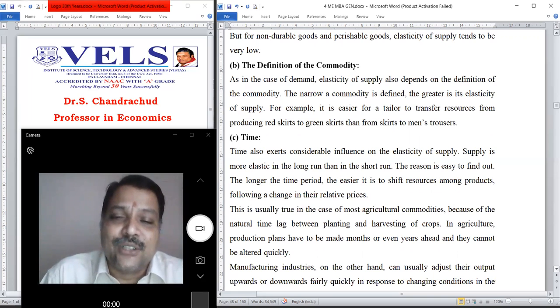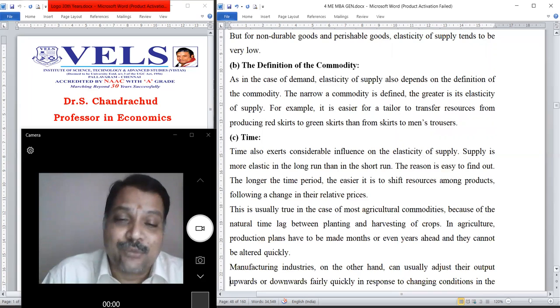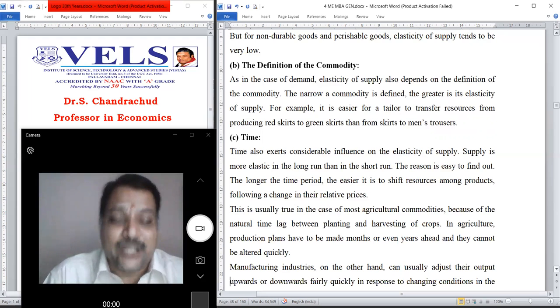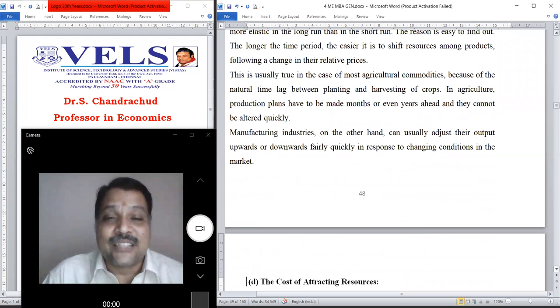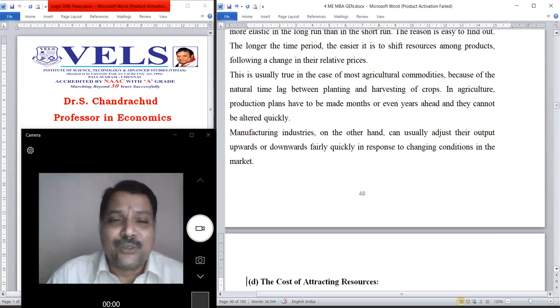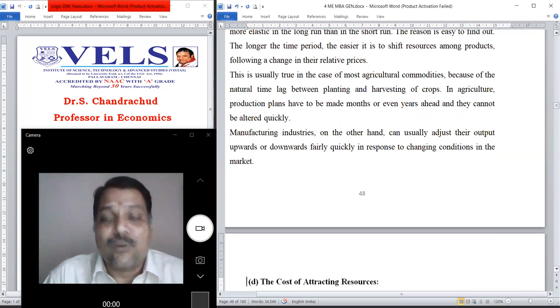This is usually true of most agricultural commodities because of the natural time lag between planting and harvesting the crops. In agricultural production, plans have to be made months, even years ahead, and they cannot be altered quickly. Manufacturing industries, on the other hand, can usually adjust their output upward and downward very quickly in response to changing market conditions.